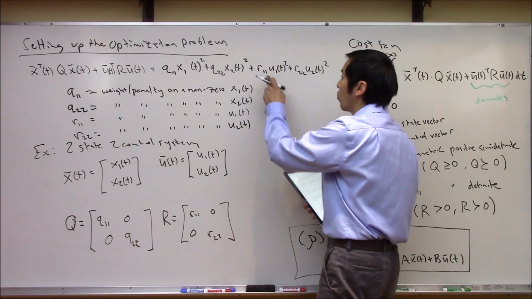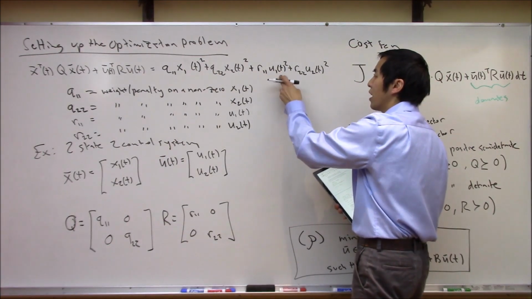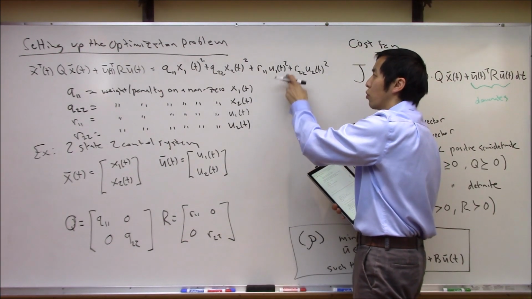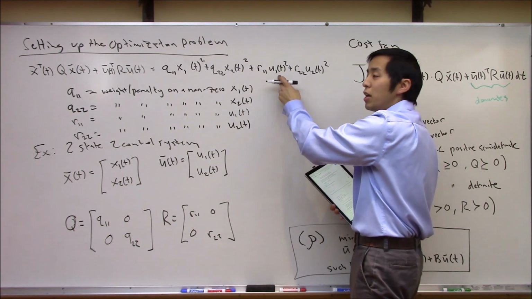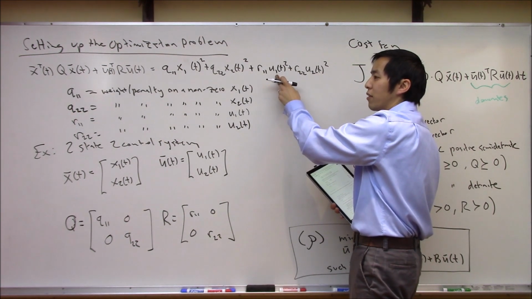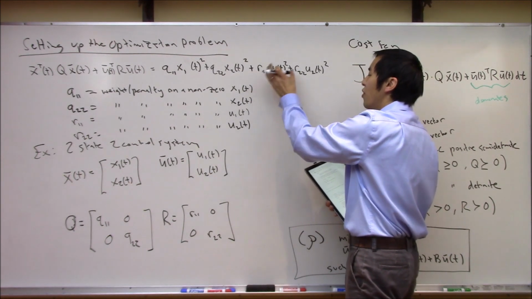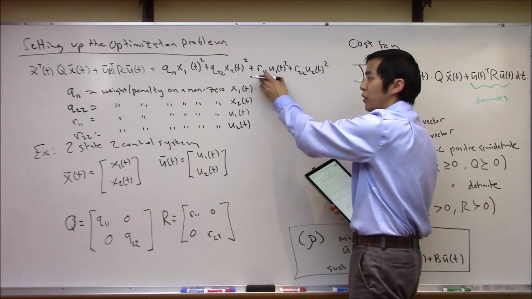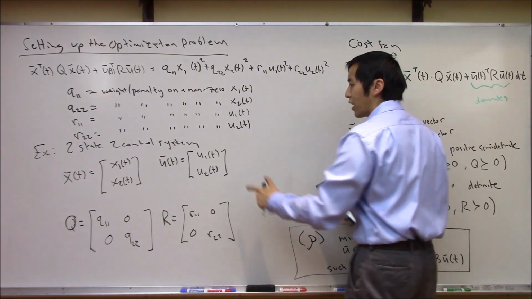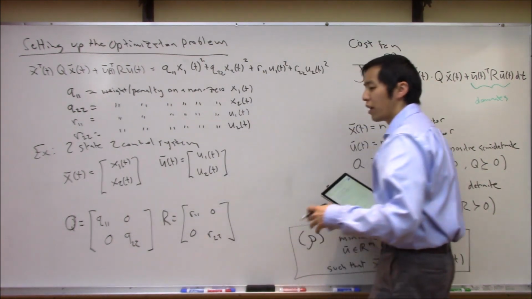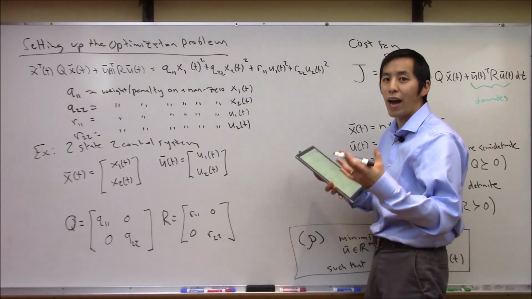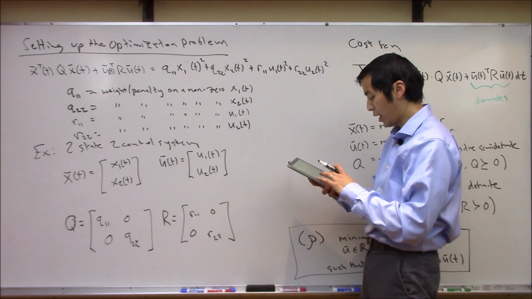If R11 is small, it's basically saying, I don't care what you're doing with this controller. This controller is super cheap, because even if this control is large, by the time I multiply it by a small R11, it doesn't contribute to the overall cost function much. And in the same fashion, R22 is the cost of actuating controller number 2.